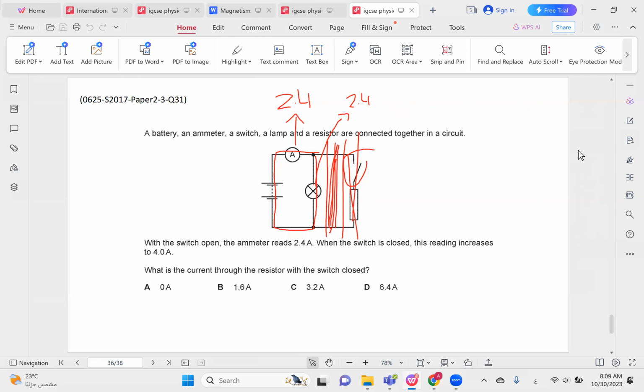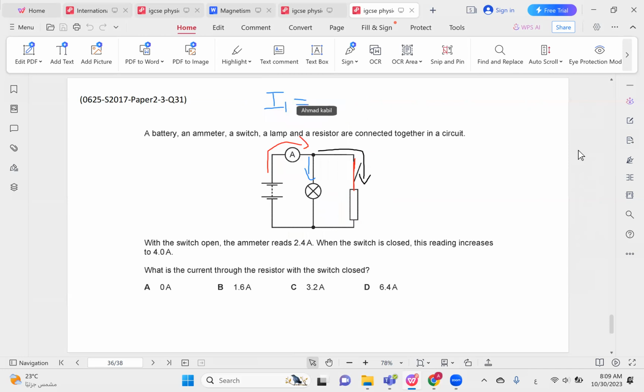Now, if I close the switch, I have two currents. I have this current here, which is the main current, and it's split into the blue and the black. The trick here is to understand that the blue current, I1, is still 2.4 amperes.